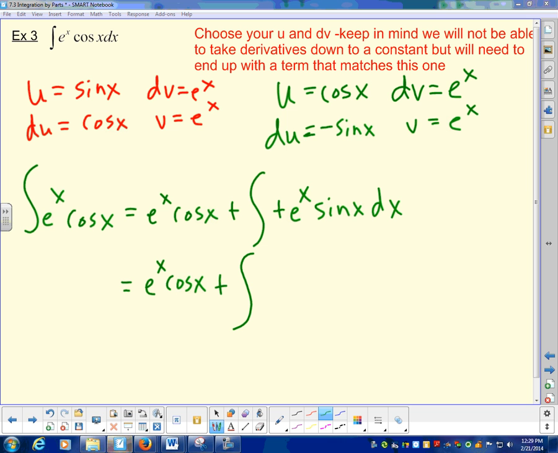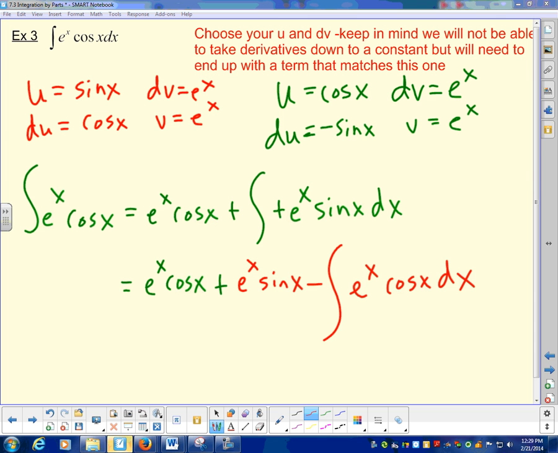So plus, u times v would be e to the x sine of x, minus the integral of v du. That's what we have so far.